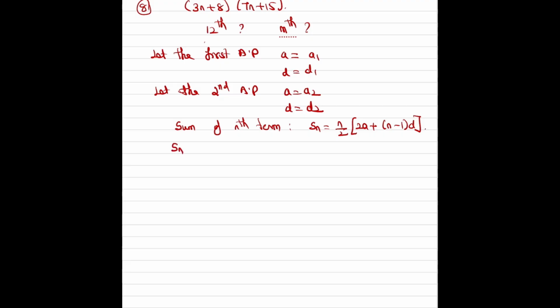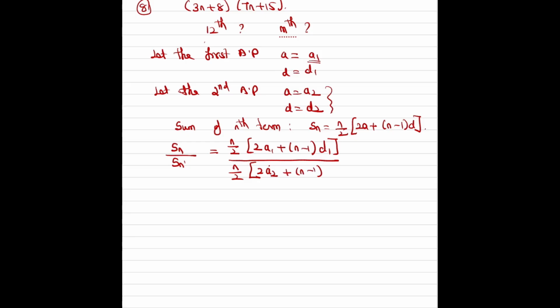So Sn by Sn dash equals, what is the formula? n by 2 into 2A1, because the first term is A1, plus n minus 1 into D1, by n by 2 into 2A2, because this is A2 and D2, plus n minus 1 into D2, equal to, what is the given ratio? 3n plus 8 by 7n plus 15.